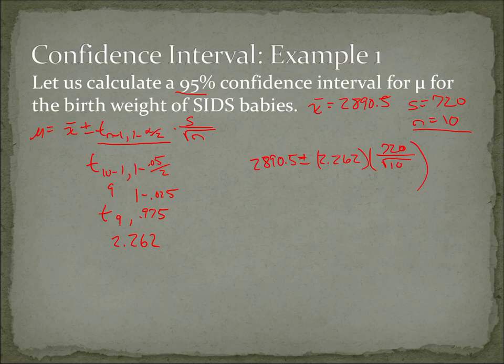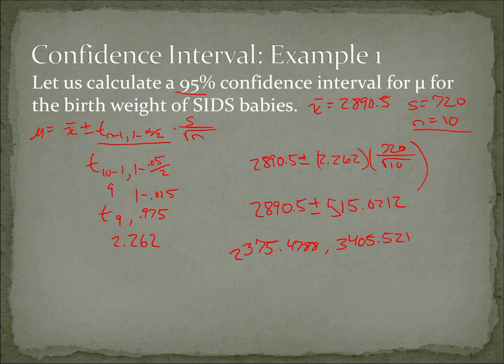When we multiply this out, 2.262 times 720 divided by the square root of 10, you're going to get a value of 515.0212, so 2,890.5 plus or minus 515.0212. Our confidence interval is going to be 2,375.478, comma, 3,405.521 grams.